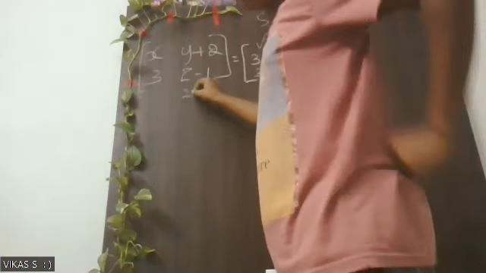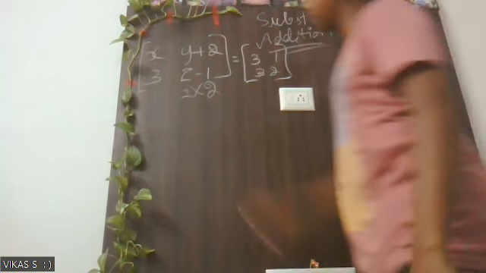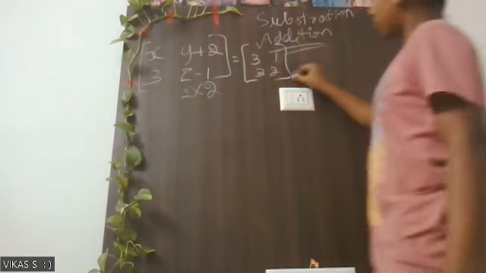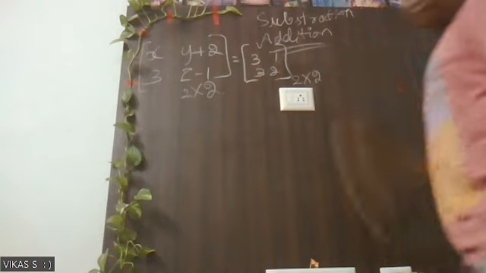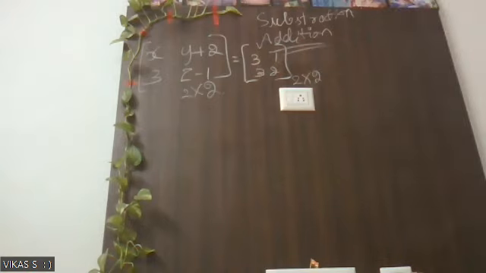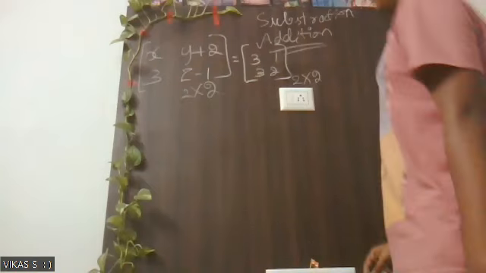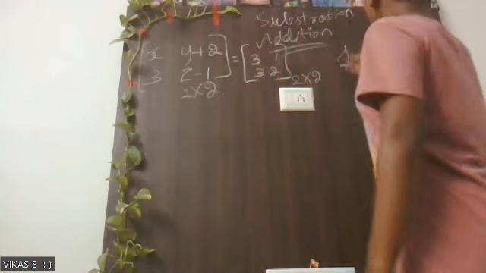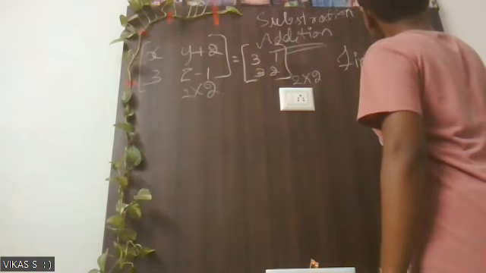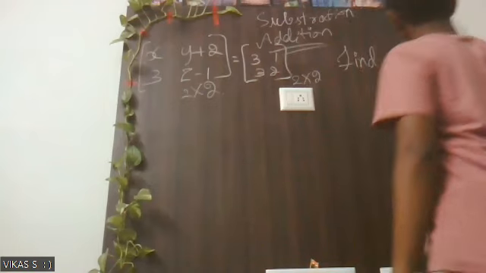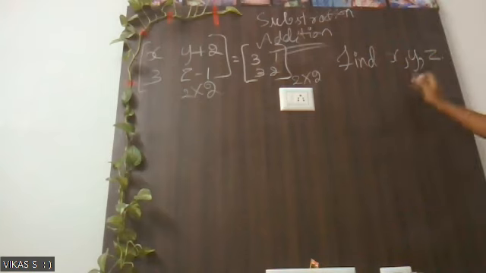So 2 into 2, and here also 2 into 2. So what should we do here? They have given that we have to find x, y, z. You have to find x, y, and z.